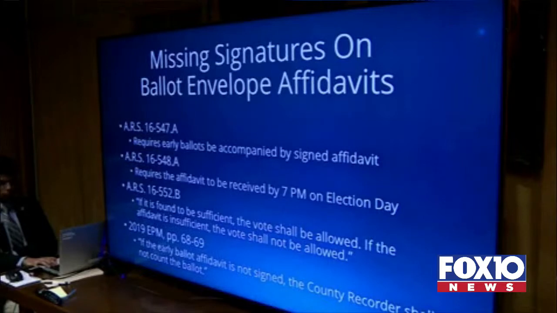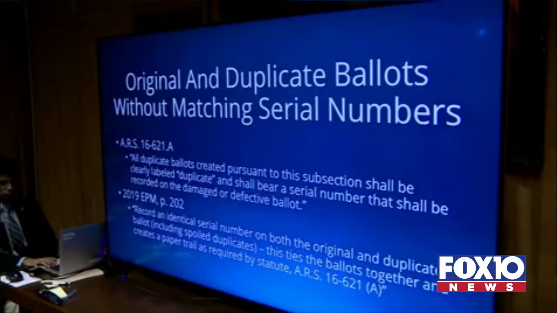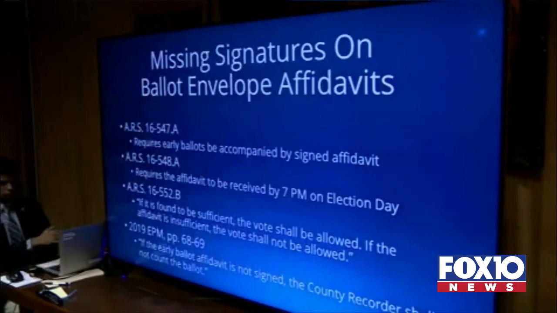Let's go to the first slide. As we've heard in previous testimony, and the slides aren't changing on my screen, but I hope they are at your end. First slide, or observation, is related to the missing signatures on ballot envelope affidavits.